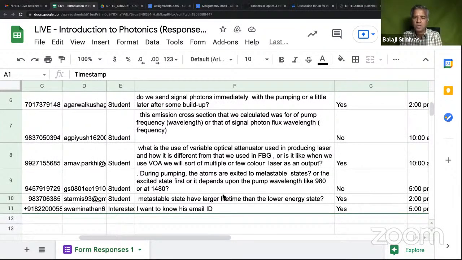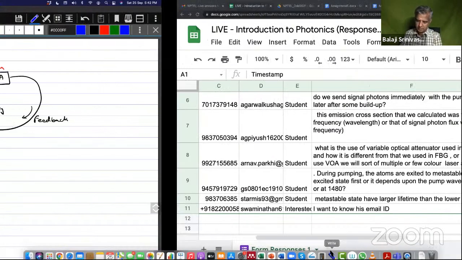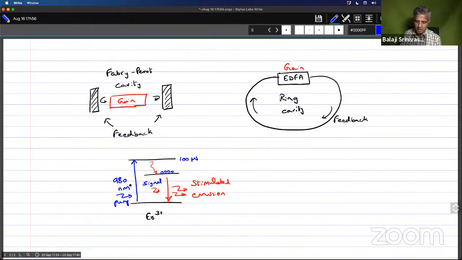Yes, the emission cross section that we are typically interested in is the emission cross section for the signal photon. So if I just go back here, I'm trying to get gain at this wavelength. So I am interested in the emission cross section sigma E as a function of wavelength corresponding to the signal wavelength, because that's where I'm trying to get gain, right?